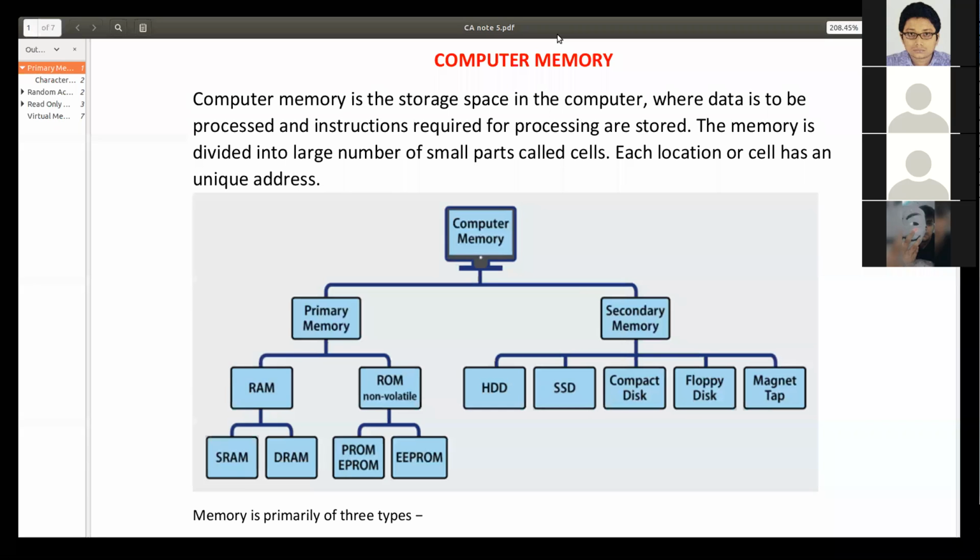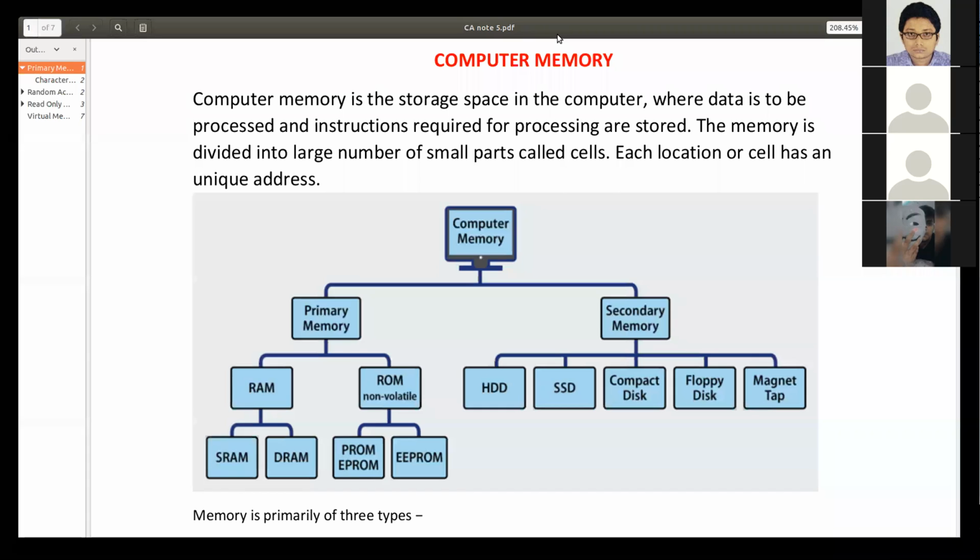So RAM does not store any data permanently, and thus it is known as volatile memory. That's a very prominent question, and I think you know this thing.